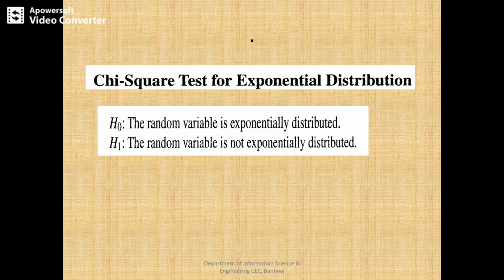Finally, we compute from the CDF of the exponential distribution, F of ai equal to 1 minus e to the power minus lambda times ai. Here ai represents the endpoint of the ith interval, where i equals 1, 2, up to k.